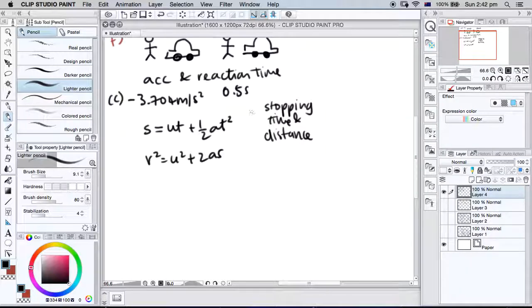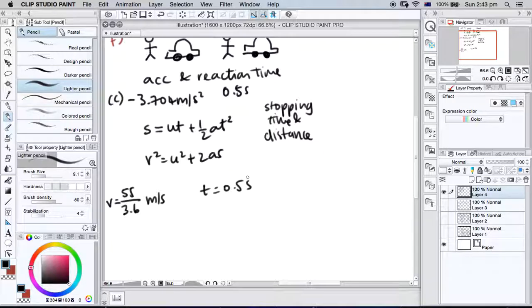First, we have to calculate the time it took for him to react in order to find the total time it took for him to stop, and we also find the total distance it took for him to react. He was traveling at 55 kilometers per hour, which is also 55 on 3.6 meters per second, and it took him 0.5 seconds to react.